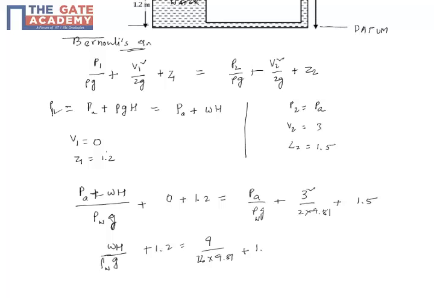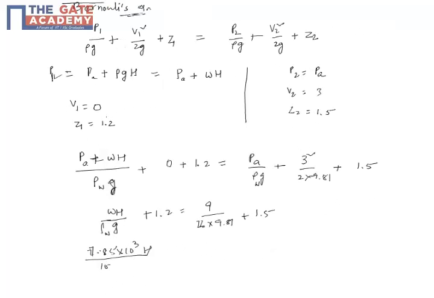We need to get h, and W is given as 7.85 kilonewton, so 10 power 3. H is there, and then the density of water is 1000 into g, which is 9.81. So this 1000 and this 10 power 3 get cancelled, and you are left with h on the left side and everything else in numbers.